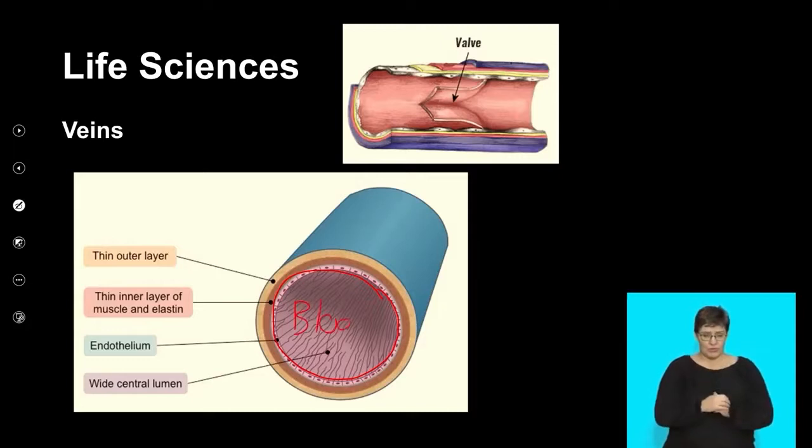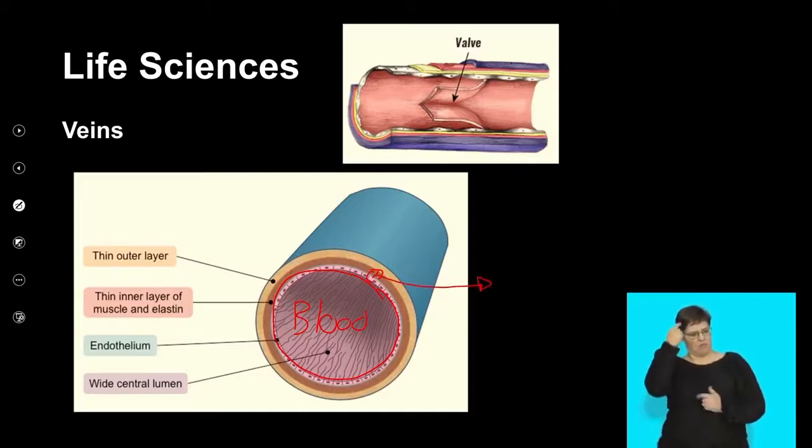Now remember, it's got to come all the way up. So imagine your tiny little toe, it's got to come all the way up. But look here, look at this very thin layer of muscle. A vein has a very thin layer of muscle in it. I would have thought that veins would have had the muscle to get things up, but they don't. So the body has to compensate for it.